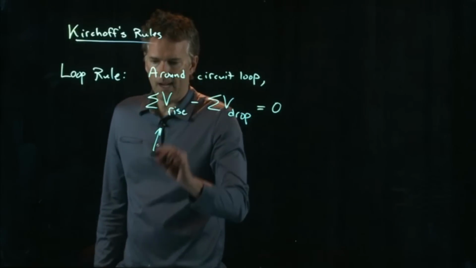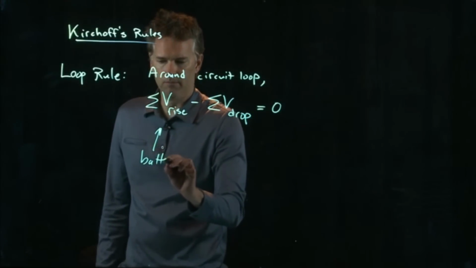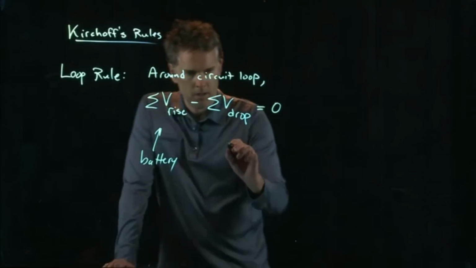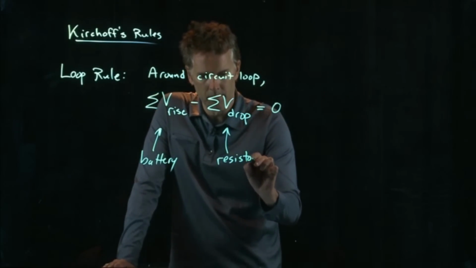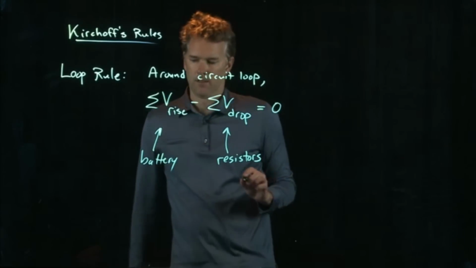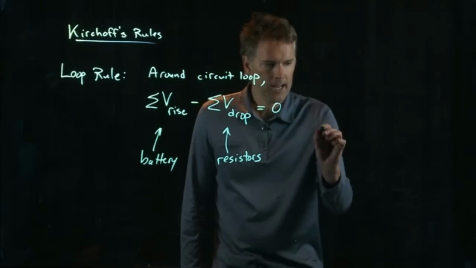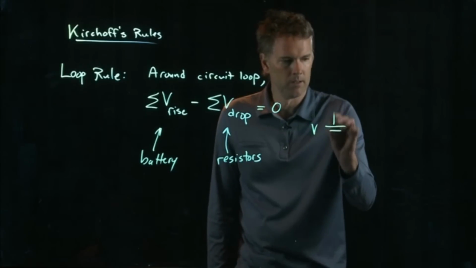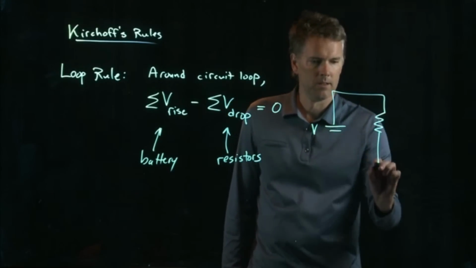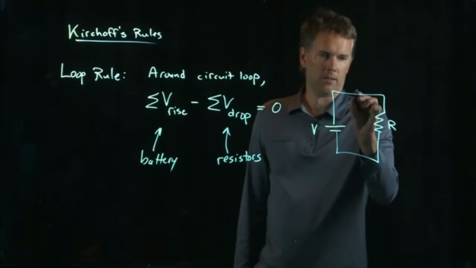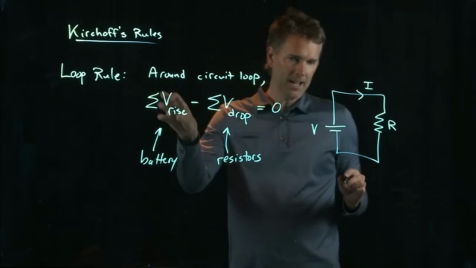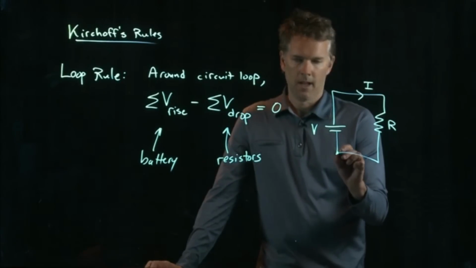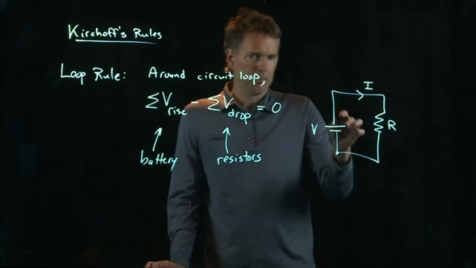So these would be like your batteries. These would be your resistors. Okay, so any circuit, what it says is the voltage rises that you go up on minus the ones that you drop on have to be 0.